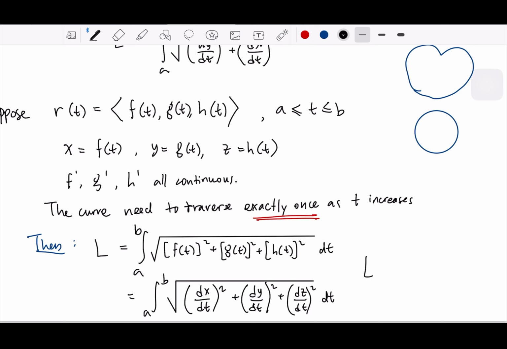This is actually equal to the magnitude of r prime of t. Oh, sorry, I forgot to write prime. So it should be f prime, g prime, h prime.